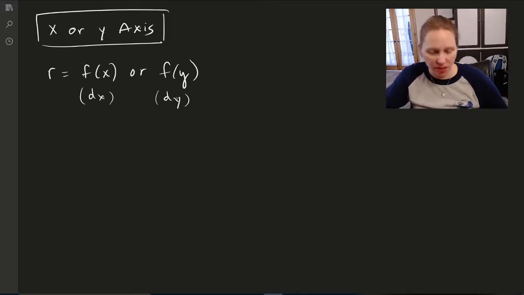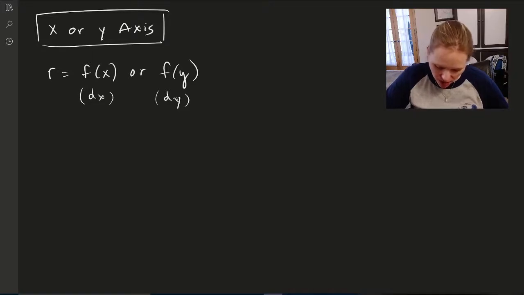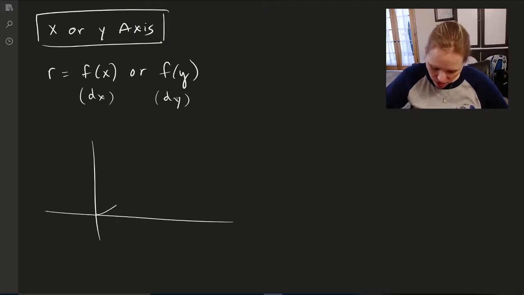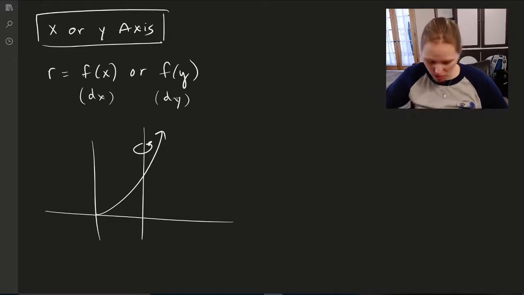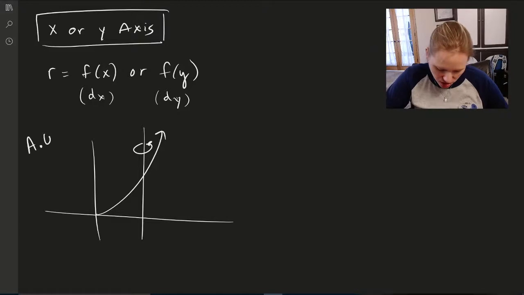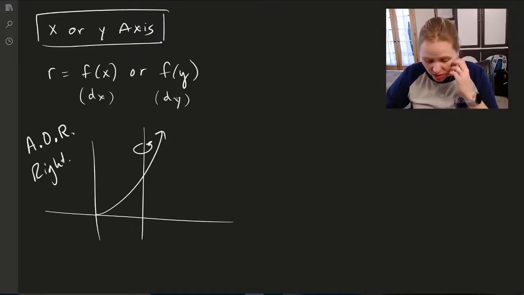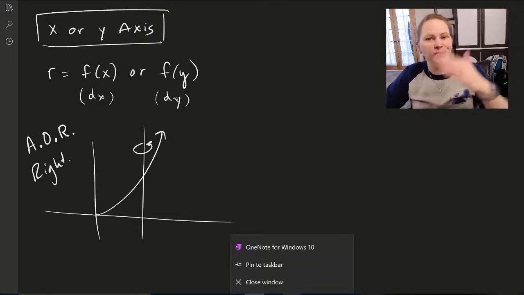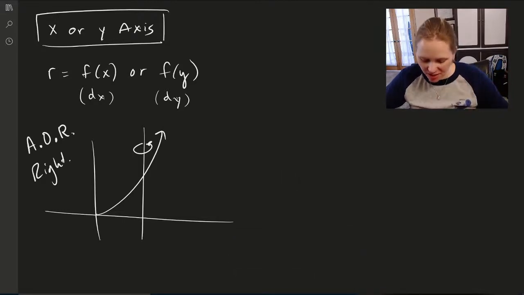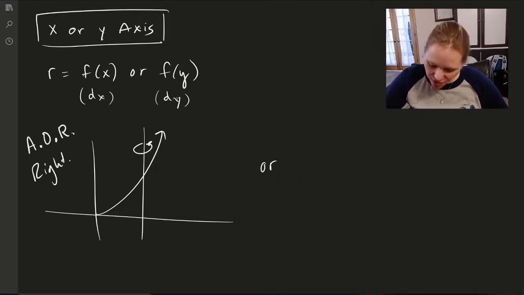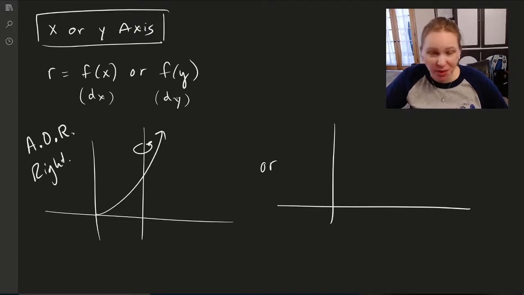Now, the other case that we saw here was we had some function where we were revolving around something to the right. So axis of revolution is to the right. Then we saw that our answer here, and it can be to the right, or if we're in a dx setup, it wouldn't be to the right, it would be above.